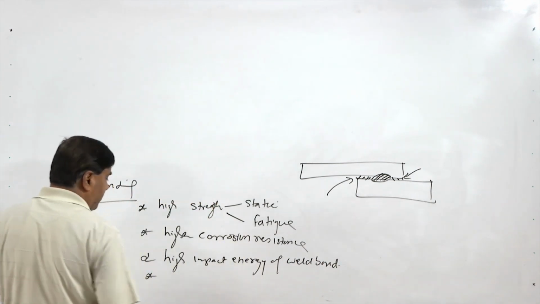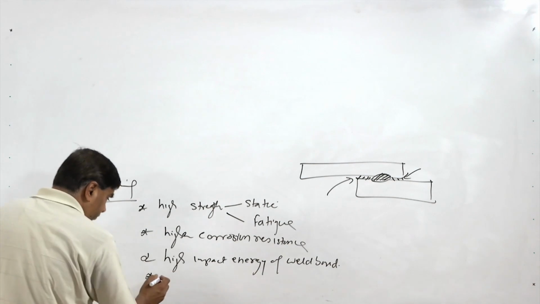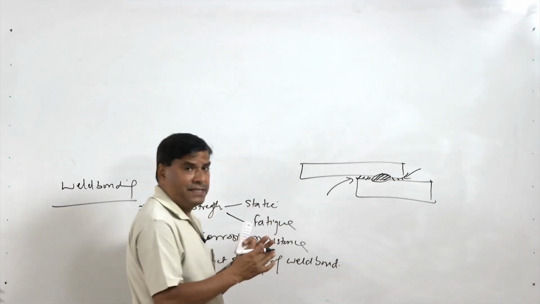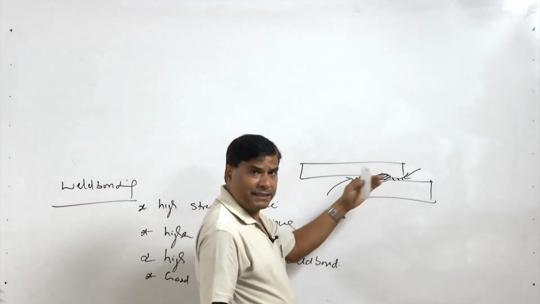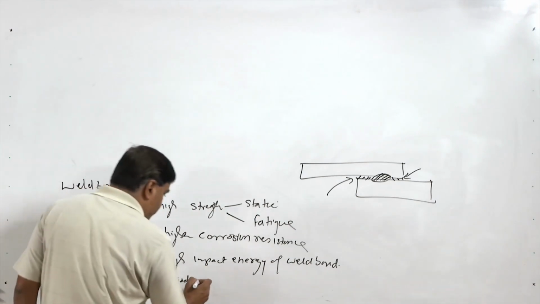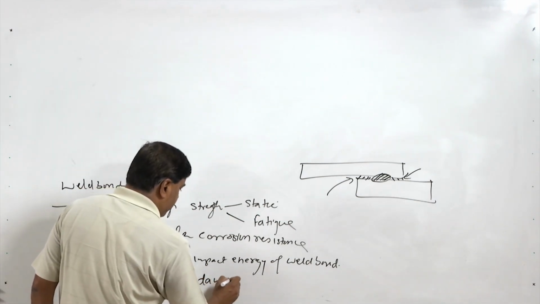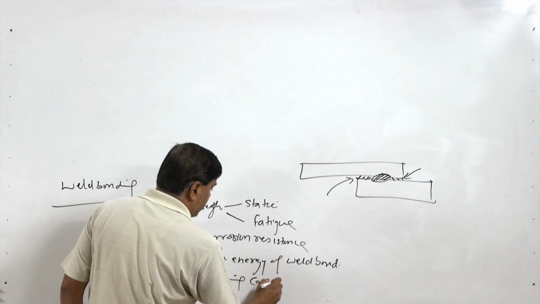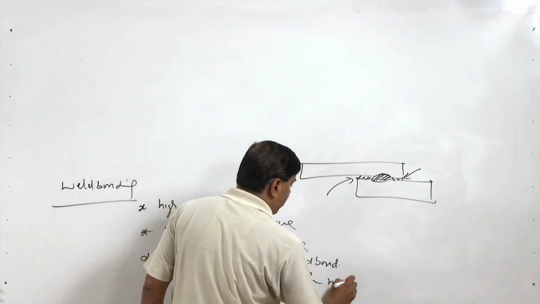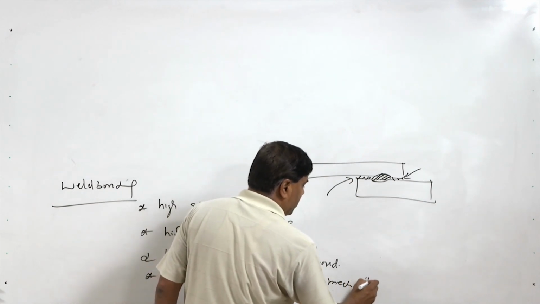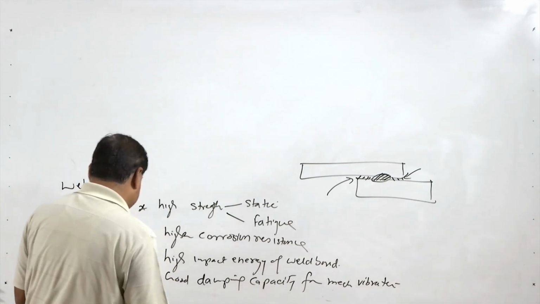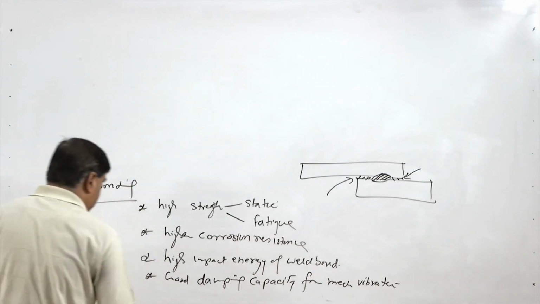So, this is another benefit, and the presence of the adhesive layer between the metallic sheets acts as a good damper. So, the damping capacity of the weld bonds for mechanical vibrations is much better than the spot welds. So, these are some of the advantages.